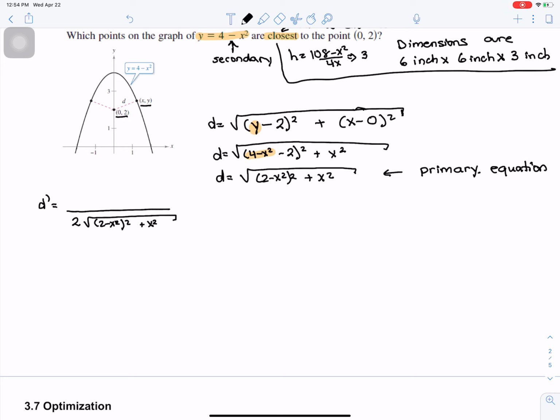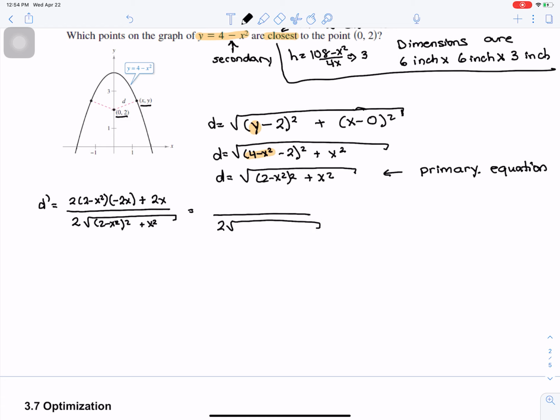And then we need to do chain rule, which is the derivative of the inside. So I'm going to do 2 times (2 minus x squared) to the power of 1. Derivative of the inside is minus 2x. Plus the derivative of x squared is 2x. So here's my derivative. We're going to clean it up.